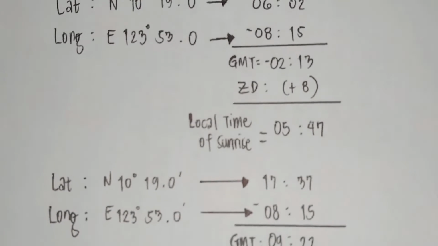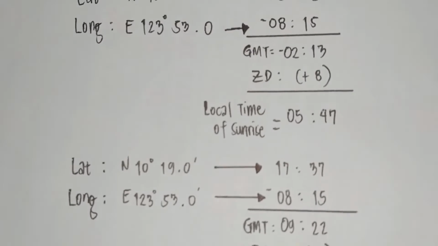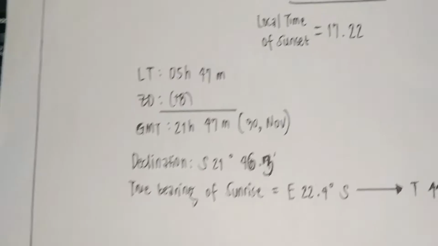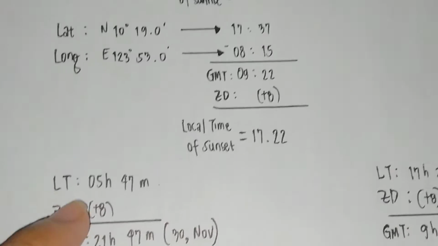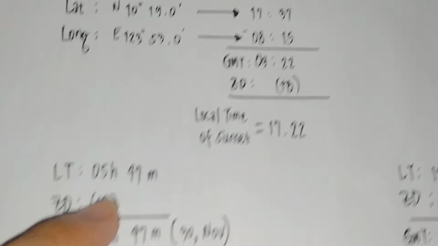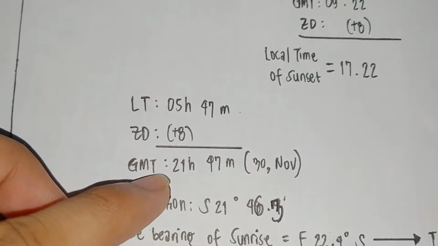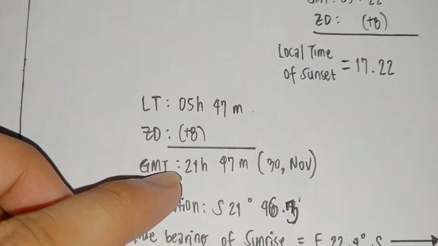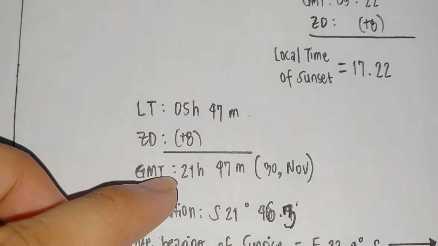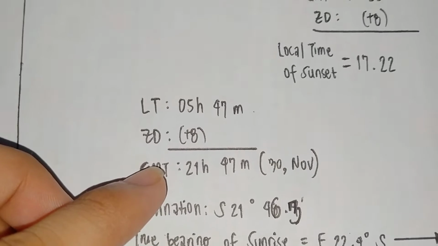So our local time of sunrise is 5 hours and 47 minutes. So we do have here our location, or I mean local time, which is 5 hours and 47 minutes. So +8 again for zone difference, which is ahead of our location by 8 hours.